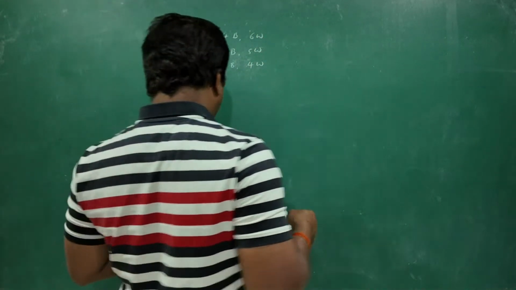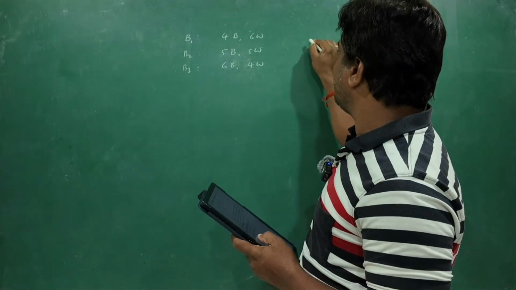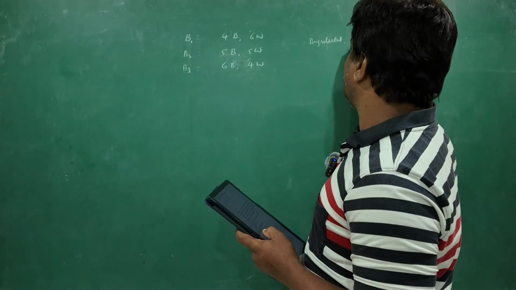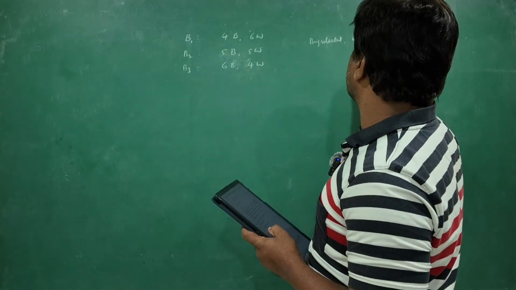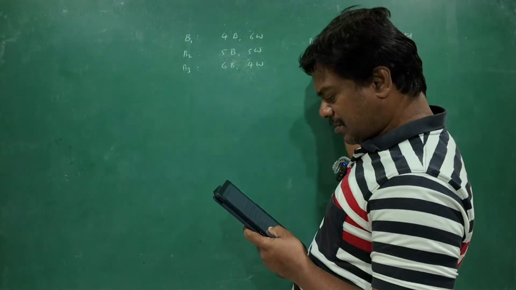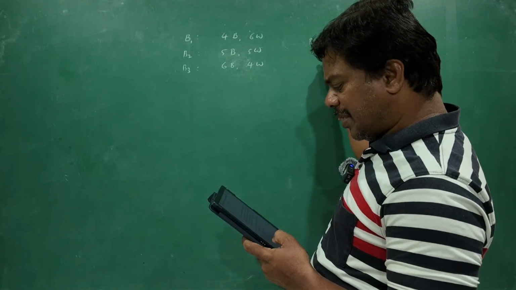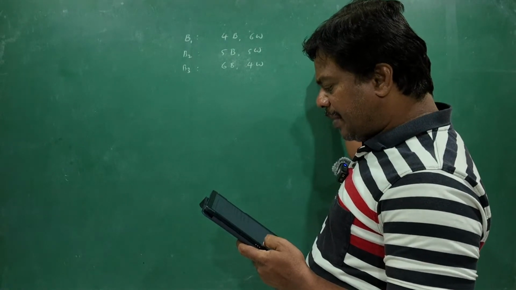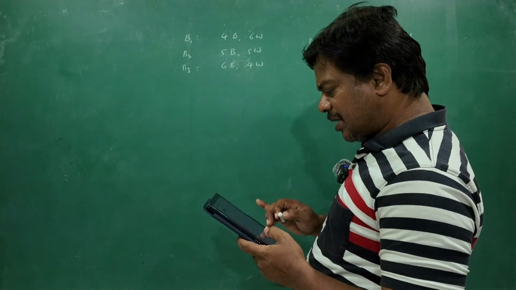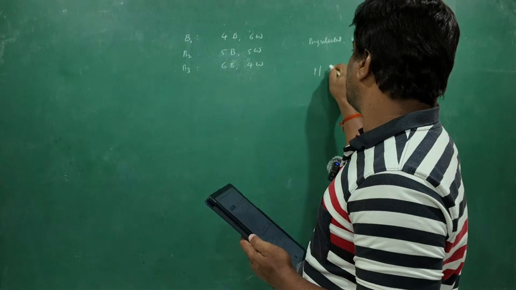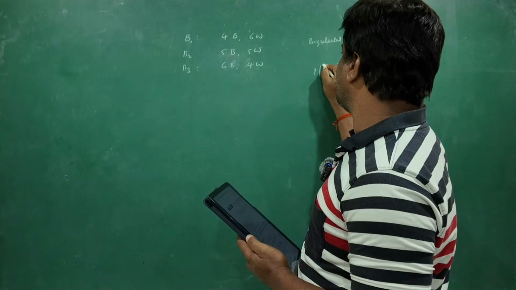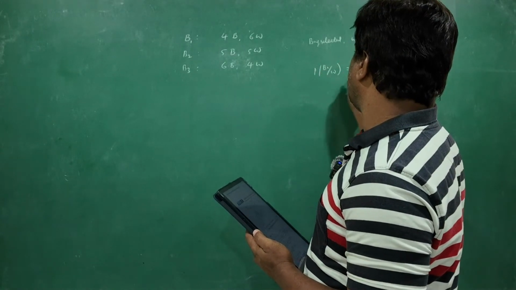Here a bag is randomly selected, first bag selected, and then a white ball is selected. Okay. Now the question is, find the probability that the B2 bag was selected. So the selected ball is white, and that should be from B2. That probability you need to find.